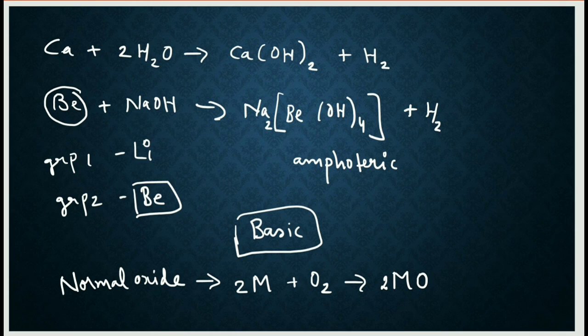So this is a normal oxide. For example, 2 barium plus O2 gives 2 BaO. So this is a normal oxide.